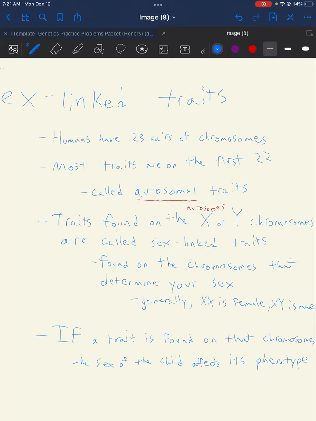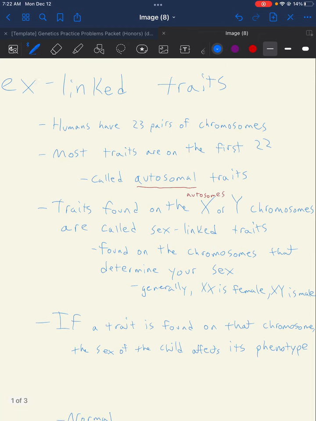Red-green color blindness is found on the X chromosome. And hemophilia, your ability to clot your blood and stop bleeding. People with hemophilia have trouble with that and bleed very easily and have trouble stopping the bleeding. Both of those traits are found on the X chromosome.